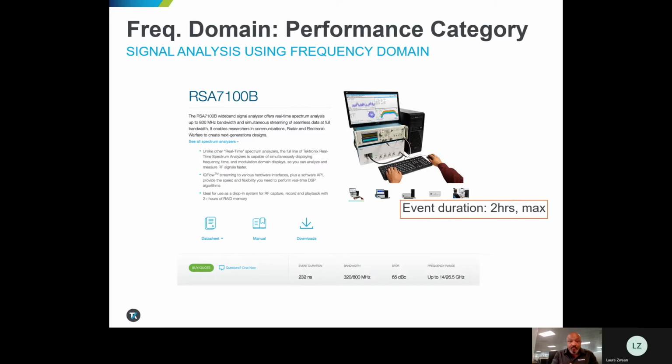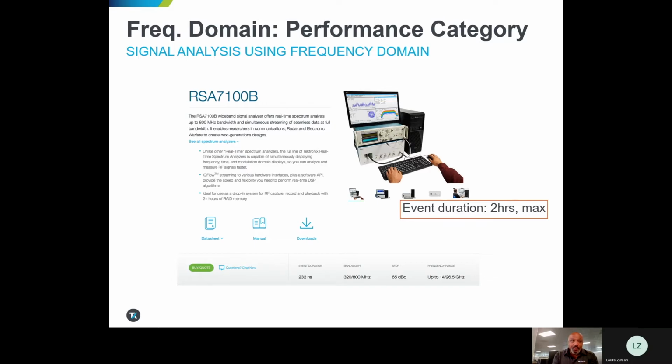And for the 7100 Bravo, this band could be as much as 800 megahertz, and then allow for event recording on the order of 2 hours. This is primarily used by a lot of our military customers, that want to have the ability to stop, stare at a particular band of support, gather data and process that data real time, or process that data post acquisition.